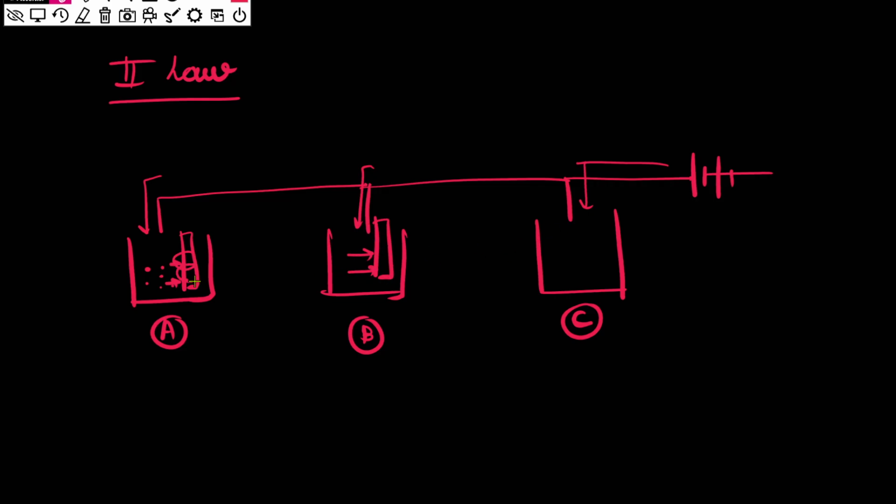Suppose here more deposition has taken place, here less deposition has taken place, and here the highest amount of deposition took place. The amount of substance deposited at their respective electrodes will be proportional to their equivalent weight. Now here comes the concept of equivalent weight.